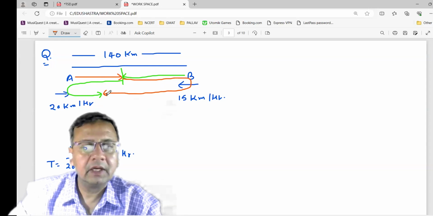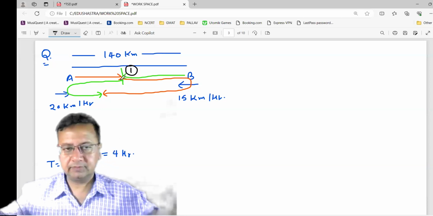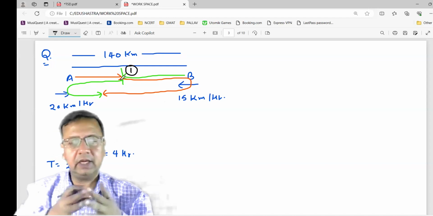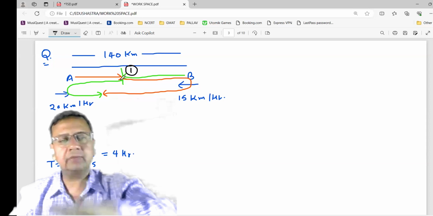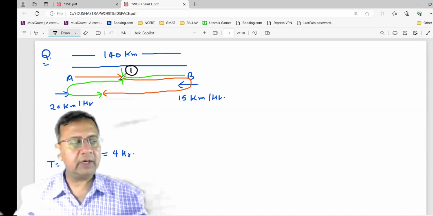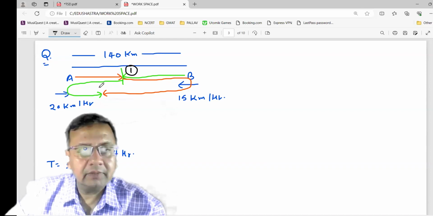लाइक दिस. तो क्या हो रहा है कि फर्स्ट टाइम दे आर मीटिंग हियर एट दिस पॉइंट. ये फर्स्ट मिले थे जब हेड टू हेड. अब वो फर्स्ट मिले, हेलो किया और दे आर जस्ट मूविंग टुवर्ड्स ईच अदर्स हाउस. ए बी के घर पहुंच गया, बी ए के घर पहुंच गया. वहां से टर्न किया और वापस से फिर अपने घर के लिए चल दिए. And they are meeting here second time, right?